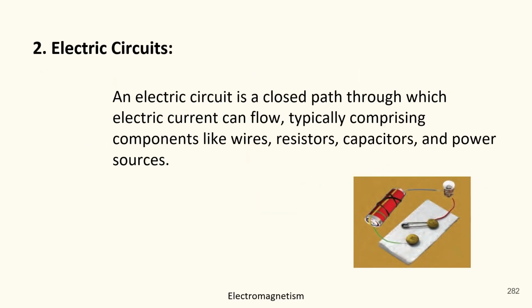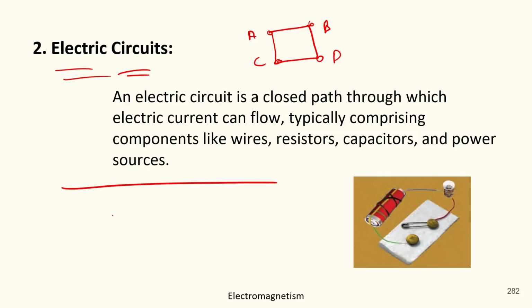Now come to the next point. It is the electric circuit. So what do you mean by electric circuit? Basically, point A, point B, point C, and point D. The electric circuit is basically a closed path through which electric current can flow, typically comprising components like wires, resistors, capacitors, and power sources.